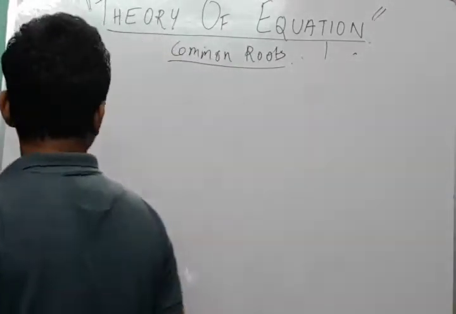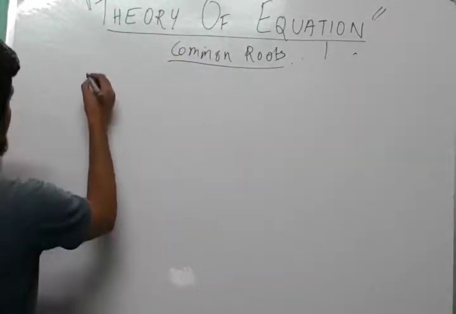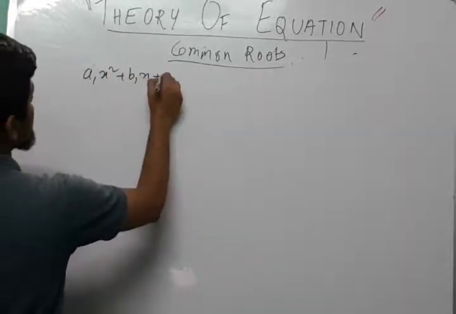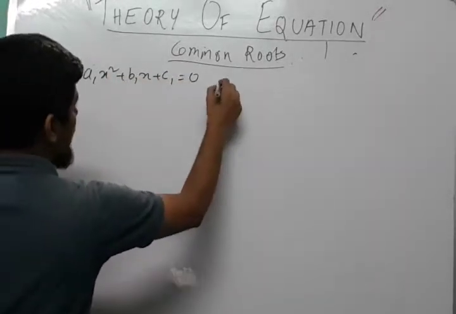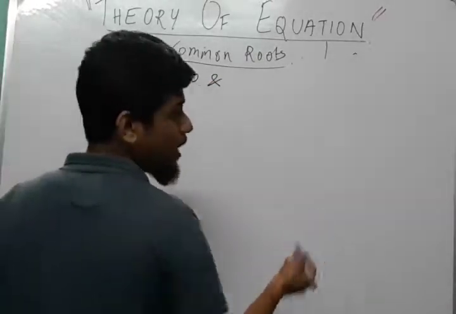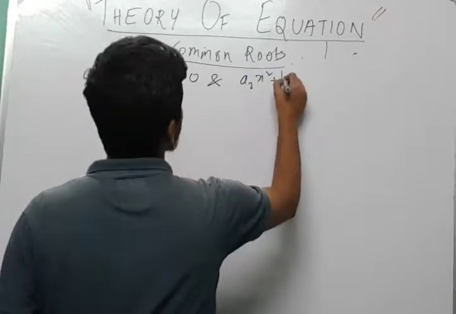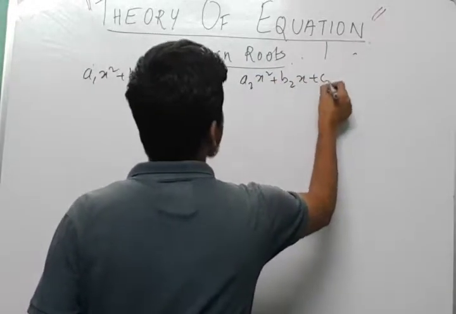So suppose the equations a1x squared plus b1x plus c1 is equal to 0, and we'll have another quadratic equation of the format a2x squared plus b2x plus c2 equal to 0.